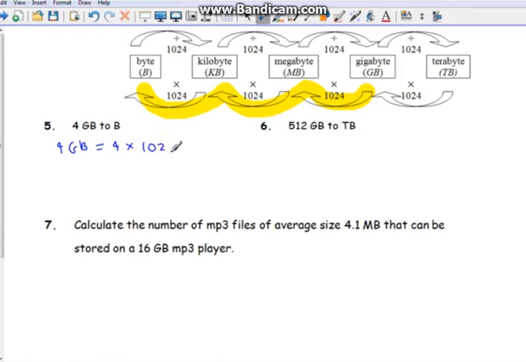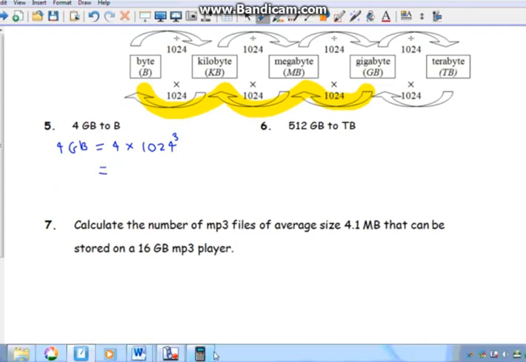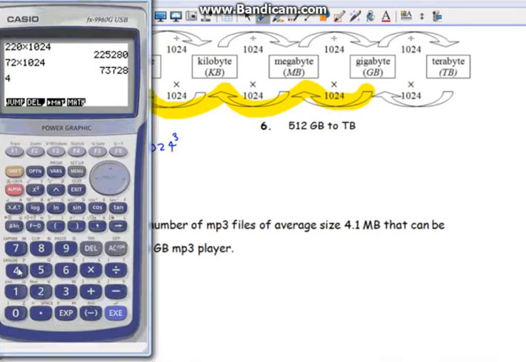I could write times 1024 like here, then times 1024 and times 1024, or because I'm multiplying by 1024 3 times, I can just do that to the power of 3, saving us having to write all that out. And on your calculator, when you're using to the power of, it'll be similar buttons. It's the power button, to the power of 3.